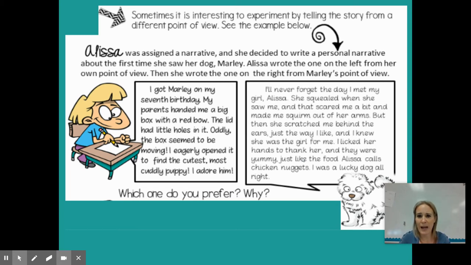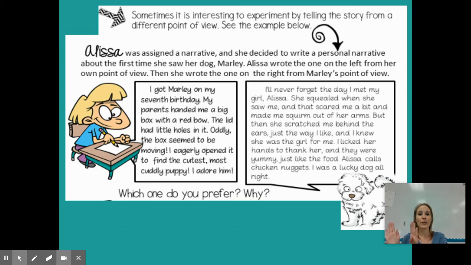But then she scratched me behind the ears just the way I like, and I knew she was the girl for me. I licked her hands to thank her, and they were yummy, just like the food Alyssa calls chicken nuggets. I was a lucky dog all night. So here it shows first person point of view in both of these examples, describing the same situation. One is from Alyssa's perspective, one is from Marley's perspective.